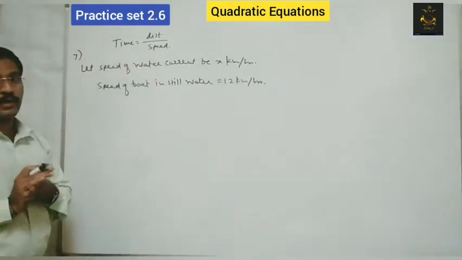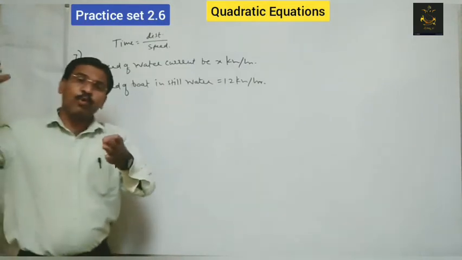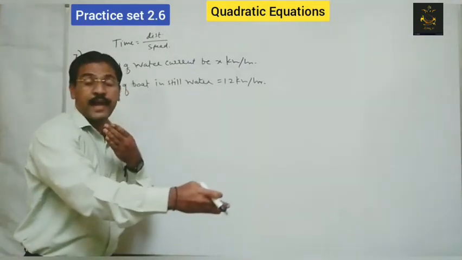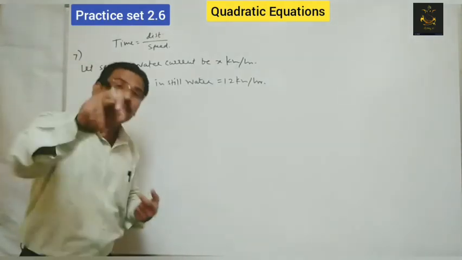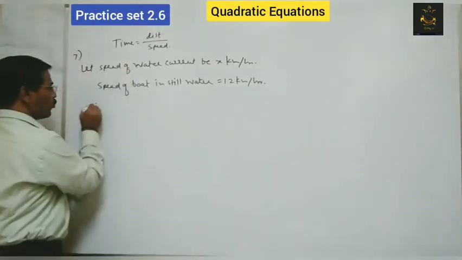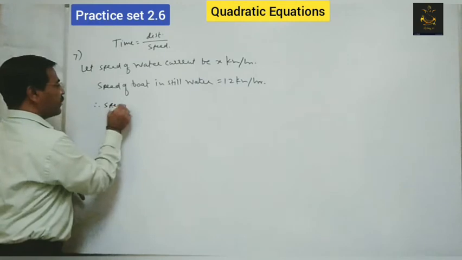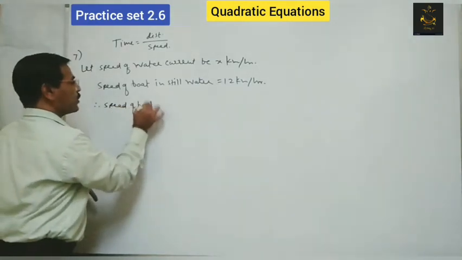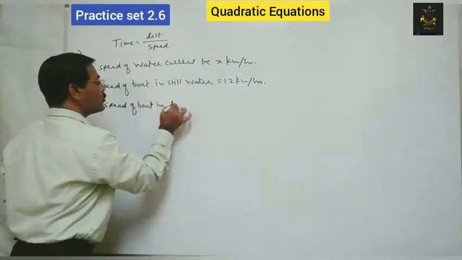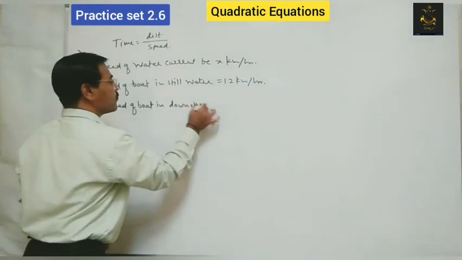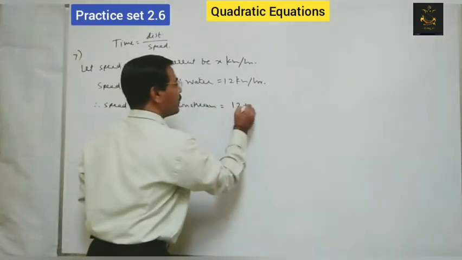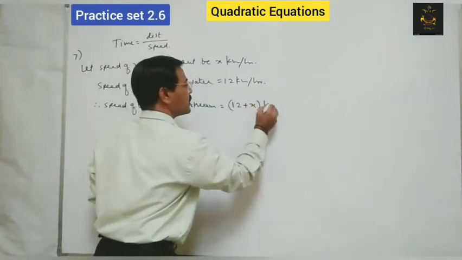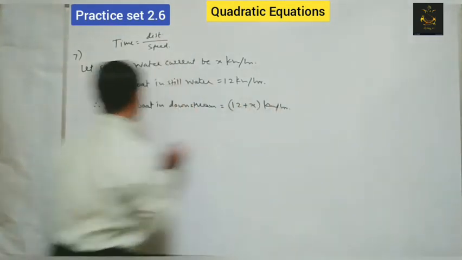Now look here. When the boat goes downstream, at that time the boat gets its own speed plus water current. So the speed of boat in downstream, what will come here? 12 plus x kilometer per hour.